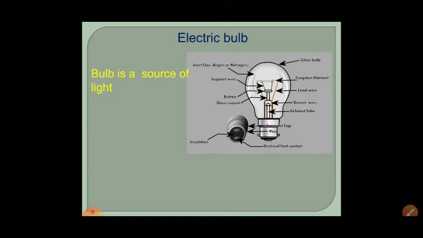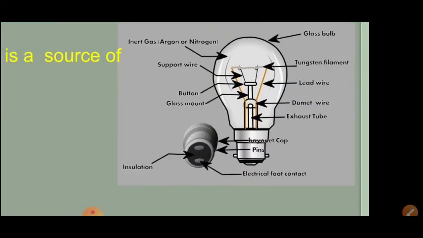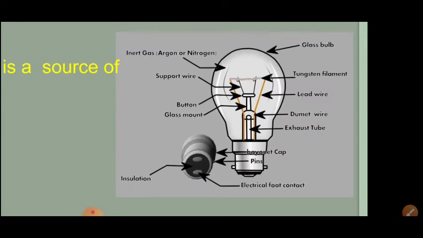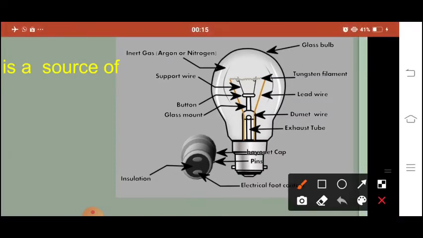In this bulb, if you observe, it has two terminals which will be connected to the positive and negative junctions. It will be fixed with these two pins you can observe here. So this pin will be fixed in the bulb holder.